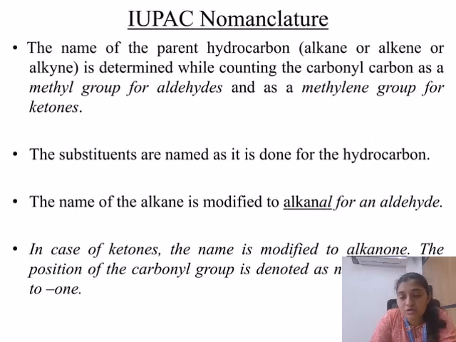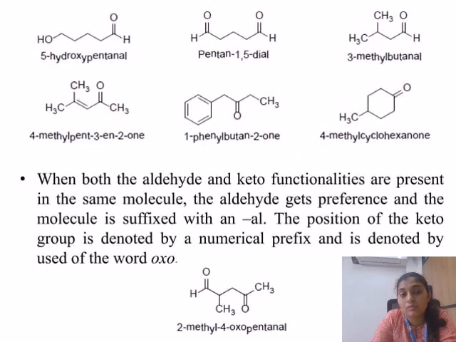So like that we can name the aldehyde as well as the ketone when we are talking about carbonyl compounds. On the next slide, you can see various examples of the aldehyde group as well as the ketone. In the first compound, you can find 5-hydroxypentanal.